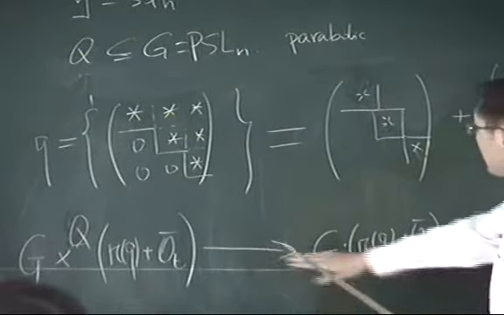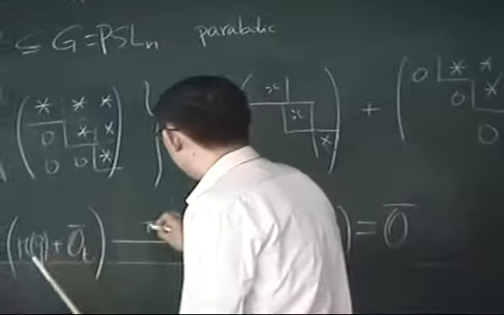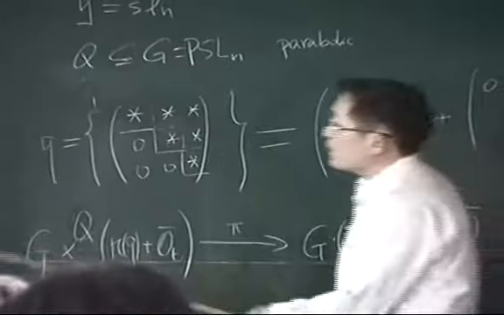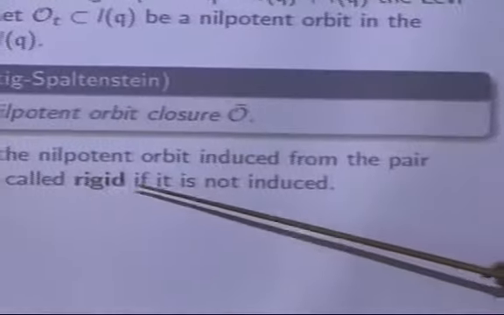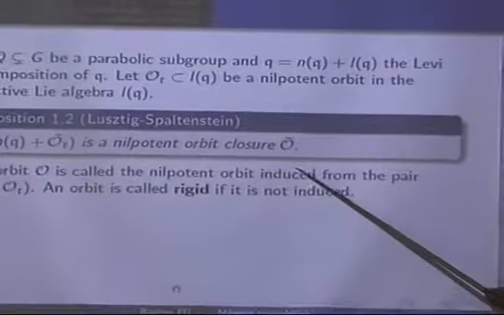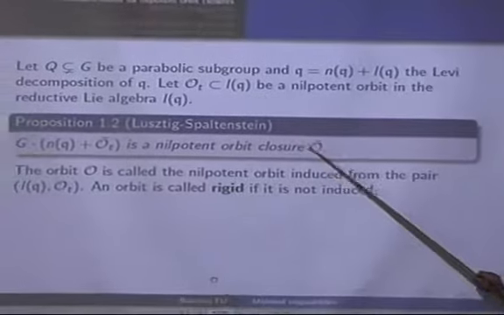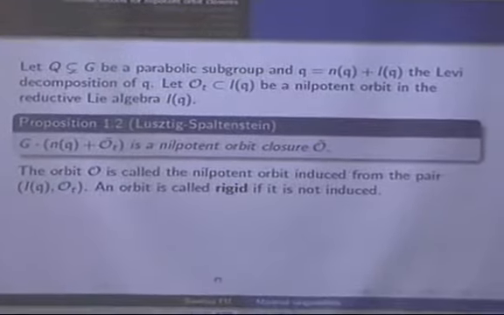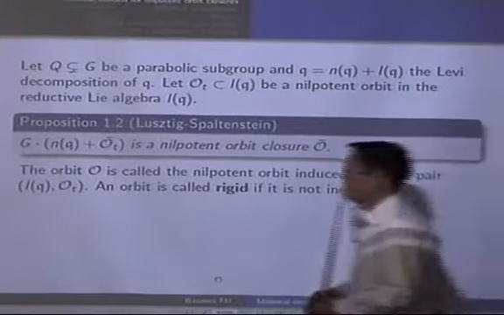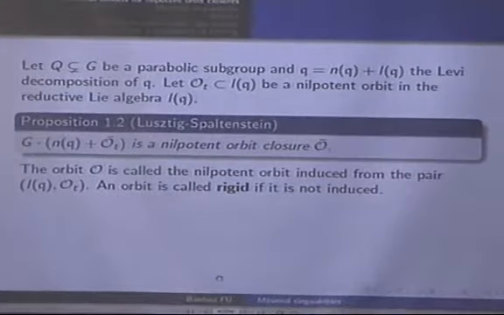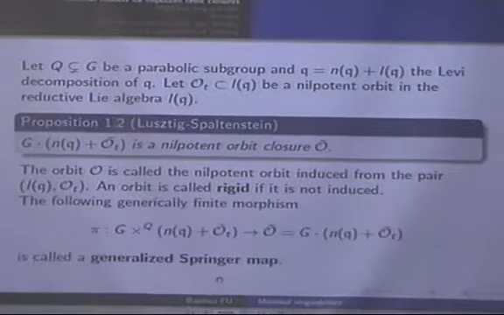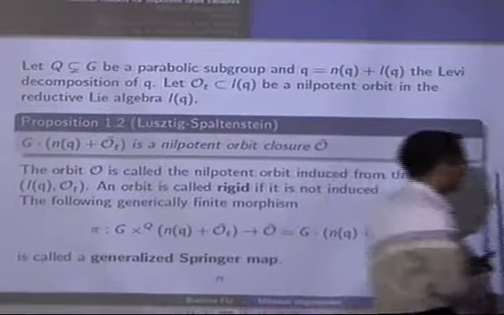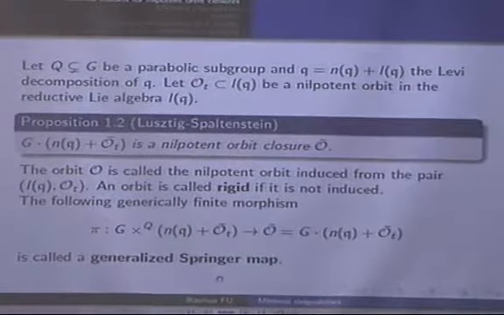From this you get a generically finite map, and in general this is not birational. In this case, we call this orbit an induced orbit. If the orbit cannot come from this form, it is called rigid. We have a classification of rigid orbits and also induced orbits. This map is called the generalized Springer map.